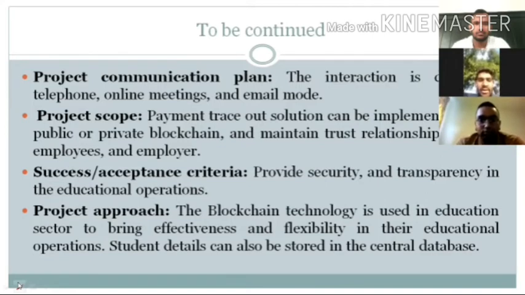The third one is the success acceptance criteria, in which we provide security and transparency in the educational operations. And the last one is the project approach, in which blockchain technology is used in the education sector to bring effectiveness and flexibility to their educational operations. The student detail can also be stored in the central database. Mandeep, next slide, please.